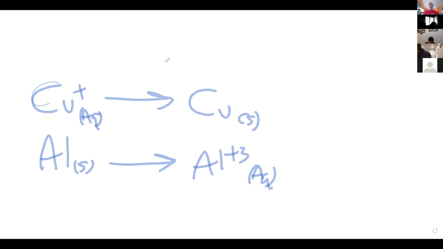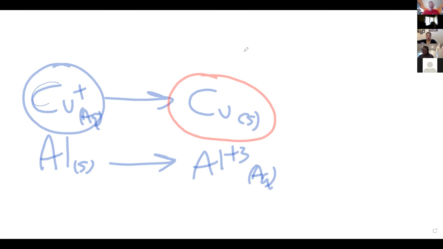So which one of these gained electrons and which one of them lost electrons? Did the copper gain or lose electrons in this reaction? This is what we started with, and this is what we ended with.